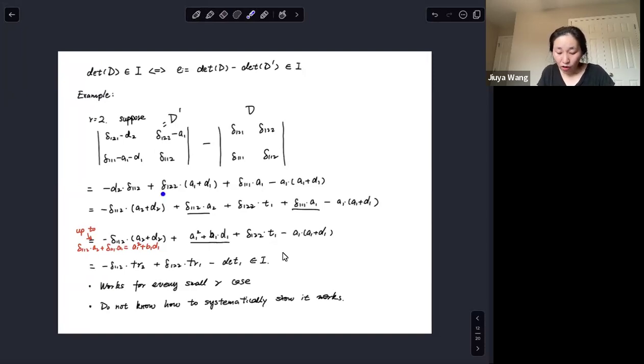For example, this is going to be a good term because we know that the trace A1 plus D1 is in our ideal I.